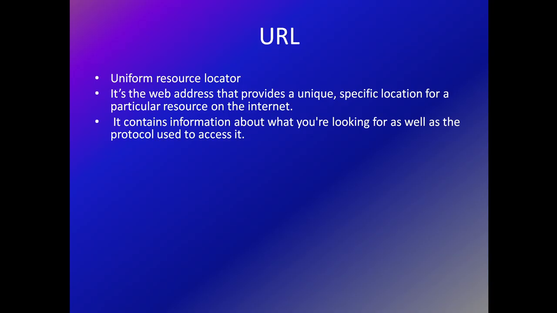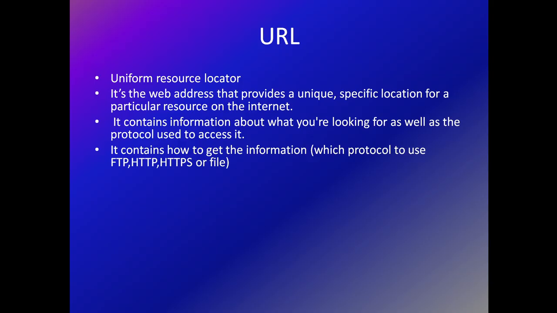It can be FTP, HTTP, HTTPS or a file. FTP means File Transfer Protocol. HTTP means Hypertext Transfer Protocol, and HTTPS means Hypertext Transfer Protocol Secure, where the messages sent and received will be encrypted.